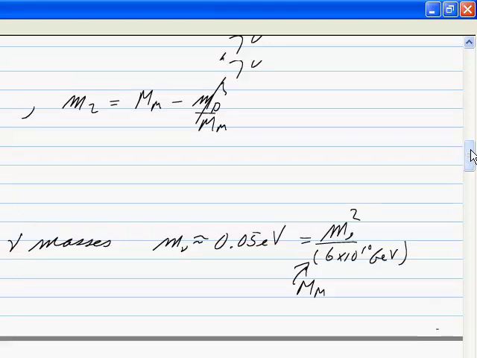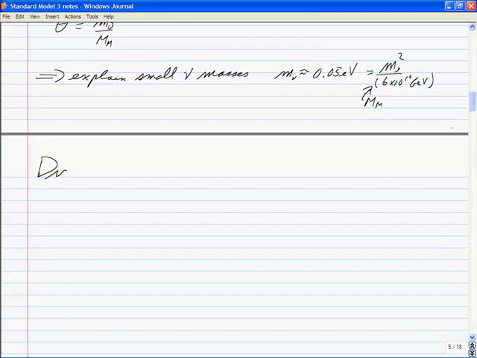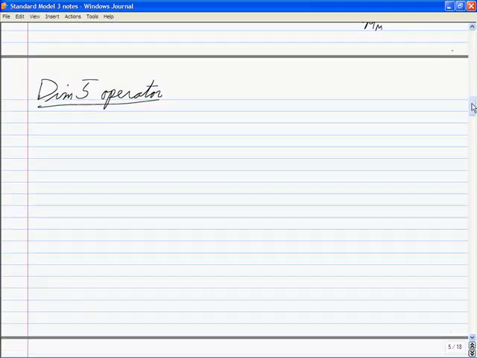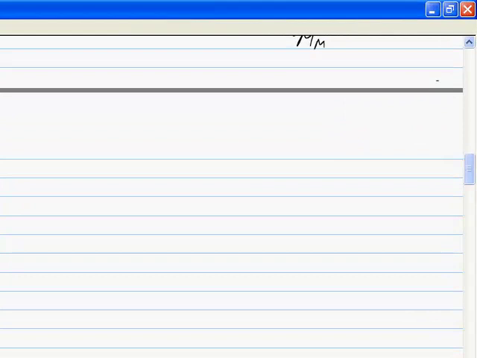Questions? I want to redo this. First thing I want to do is really redo it as a dimension 5 operator. Which is a useful way of thinking about it.